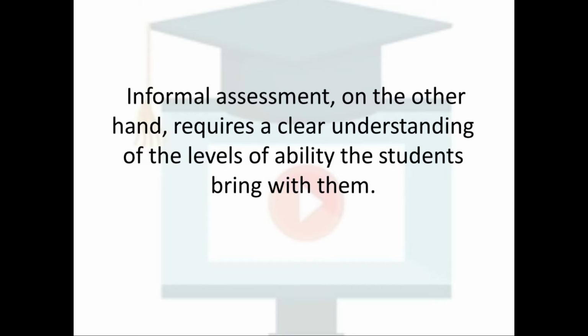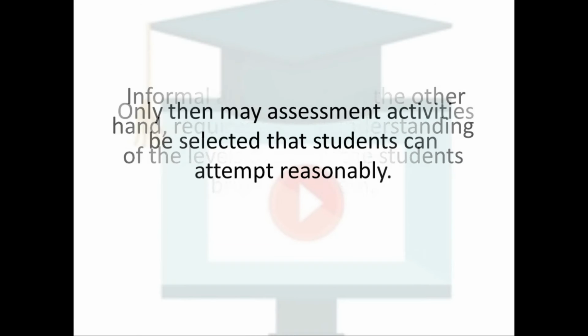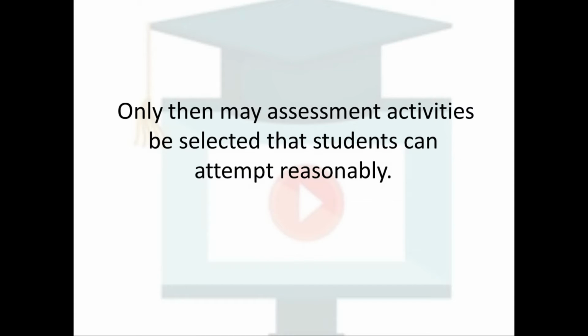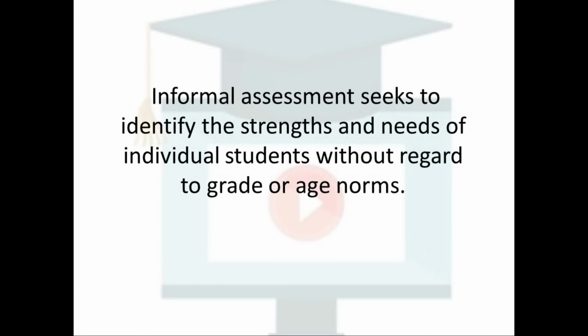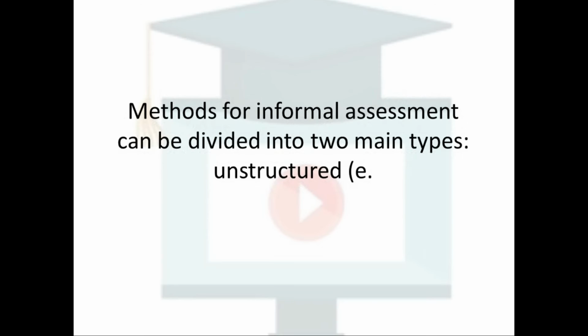Informal assessment, on the other hand, requires a clear understanding of the levels of ability the students bring with them. Only then may assessment activities be selected that students can attempt reasonably. Informal assessment seeks to identify the strengths and needs of individual students without regard to grade or age norms.